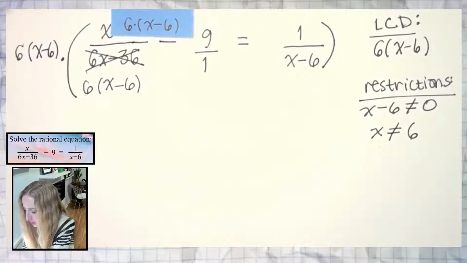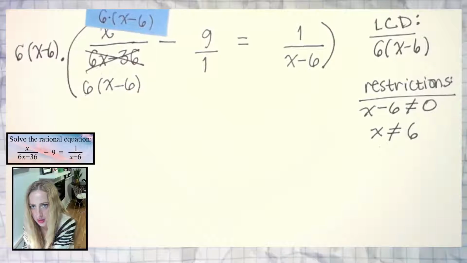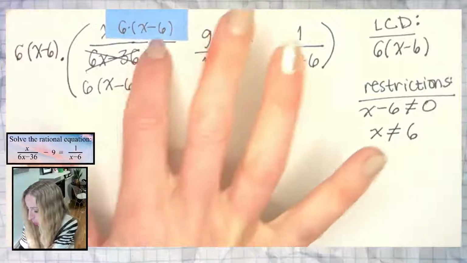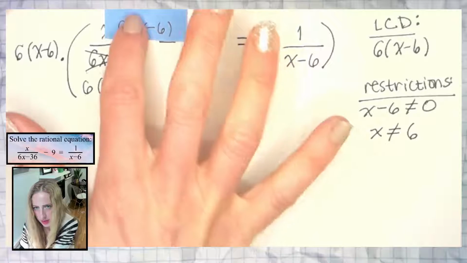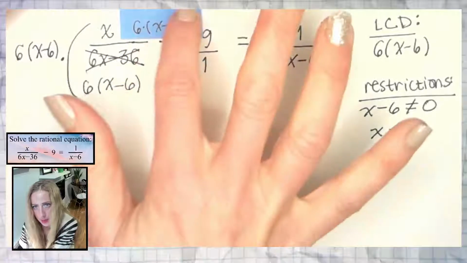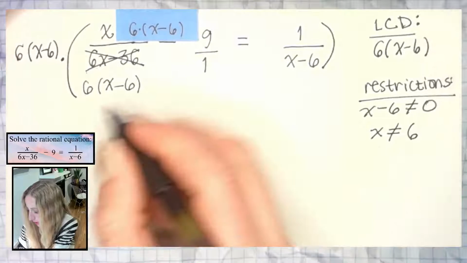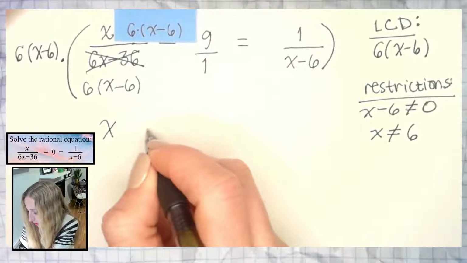If I distribute 6 and x minus 6 to this first fraction over here, you'll have x times 6 times x minus 6. What reduces? Well, the 6 and the x minus 6. They both reduce, right? So what is left behind? Just x.